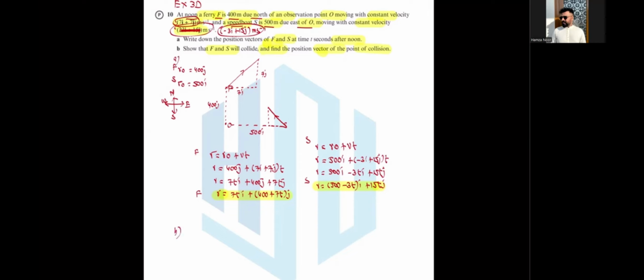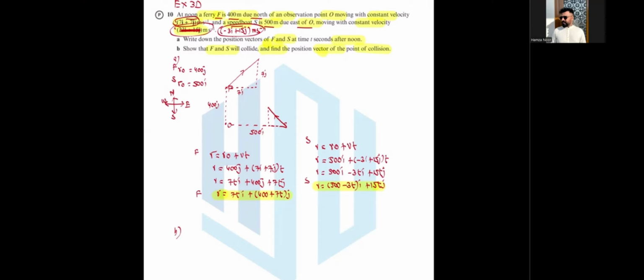We have the position vectors for the ferry and the speedboat in terms of t. If the ferry and the speedboat collide, they will intersect, they will meet each other at a common point.